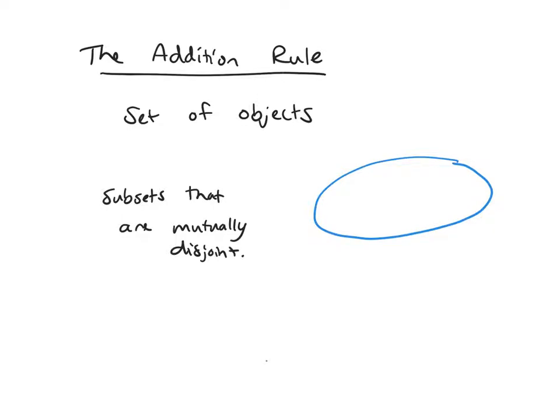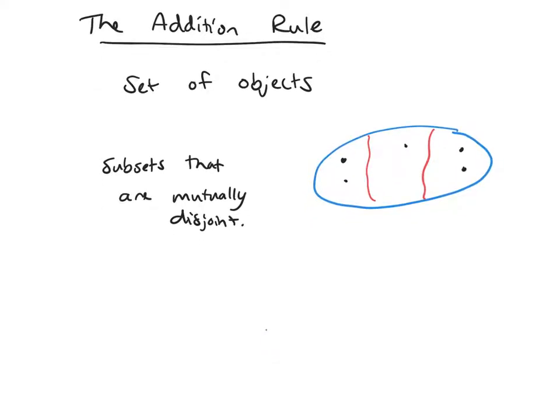So you can imagine, let's say I have some elements here and here. And what I do is I break this up into subsets. And so here I have three subsets. I would have this set being A1, this middle set being A2, and this third set being A3.